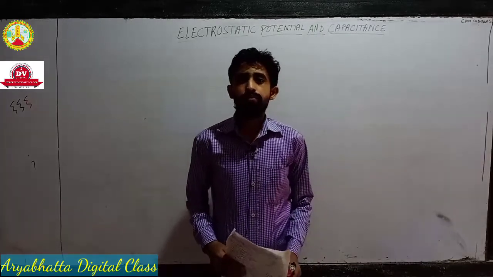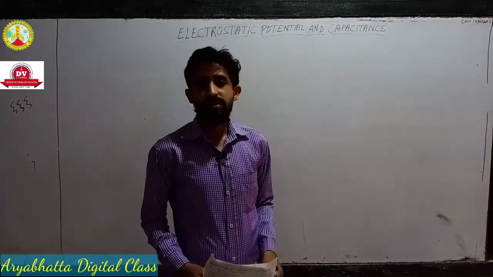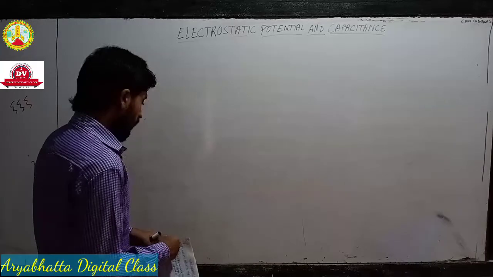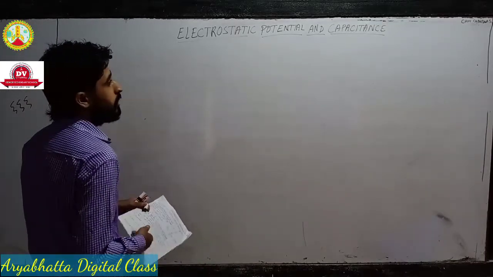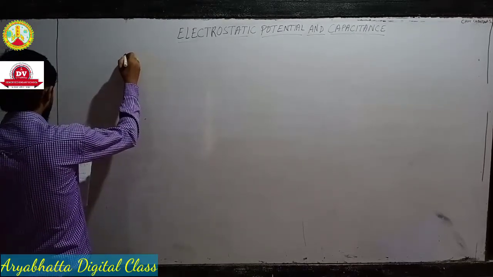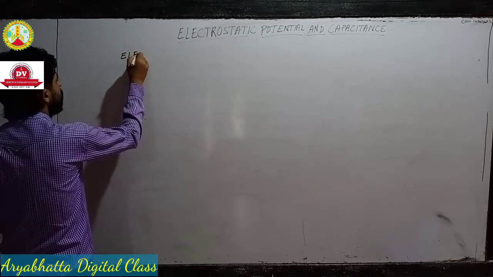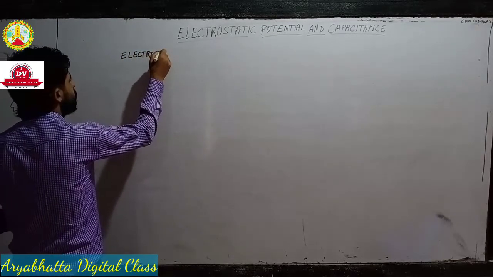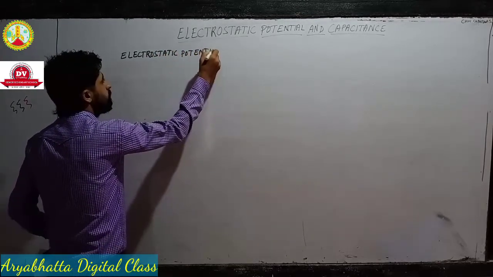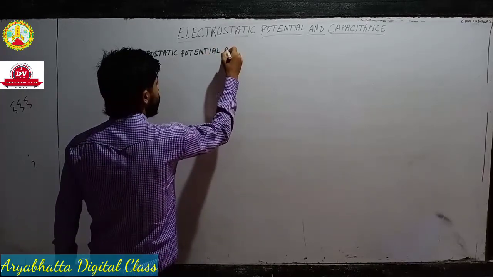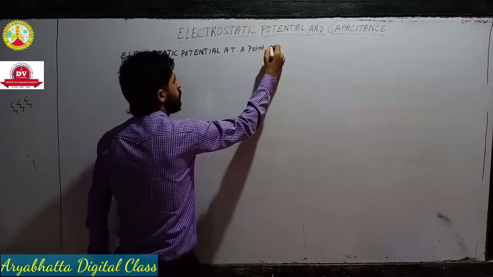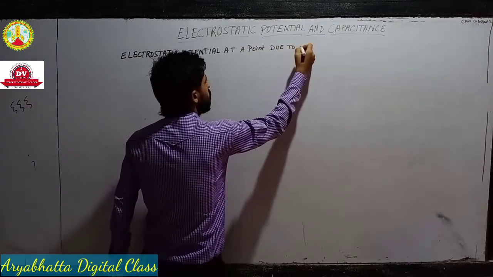So now I am going to continue with electrostatic potential and capacitance. In our last class we did electric potential due to a point charge. Today we are going to find the electrostatic potential at a point due to an electric dipole.